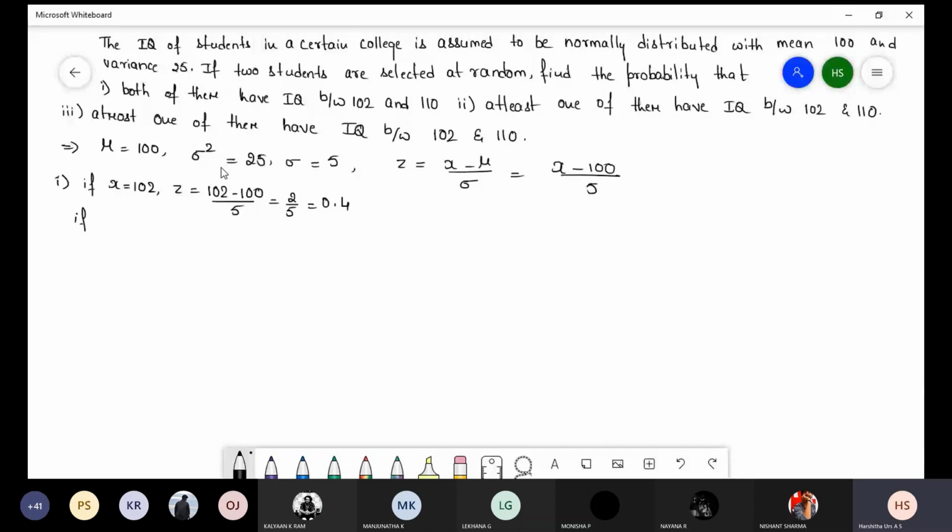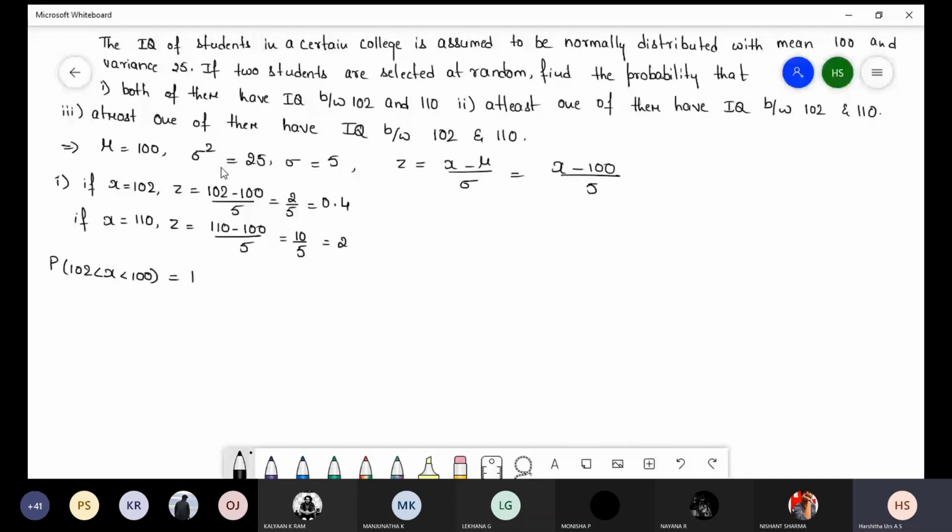If x is equal to 110, z is equal to 110 minus 100 divided by 5, so 10 by 5, that is 2.